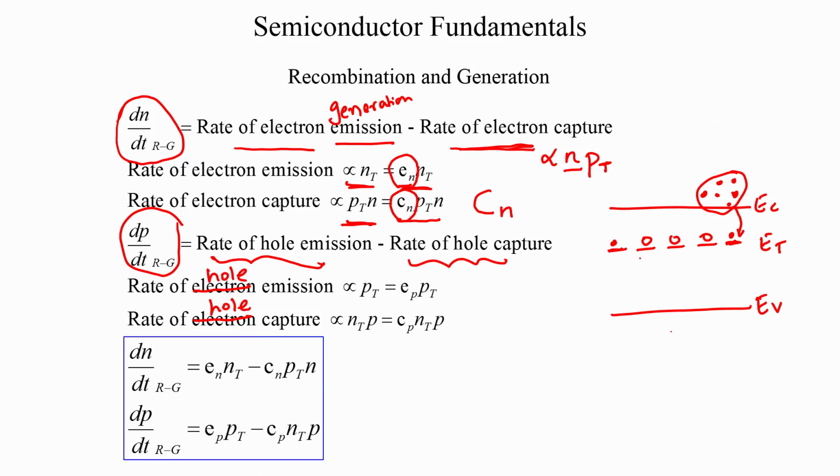has to be proportional to Pt, because if there are no holes in these states and if all these states are filled with electrons, there can be no holes emitted. It is only when you have holes located in these states that you can have an emission of a hole to the valence band.